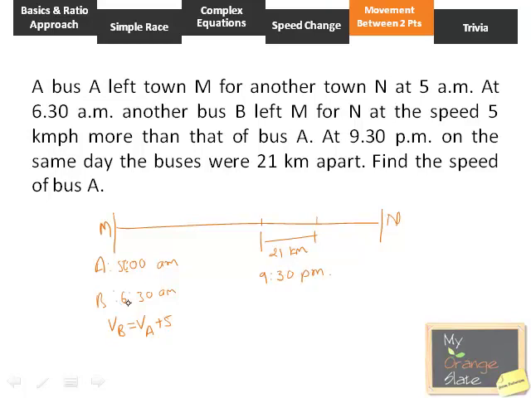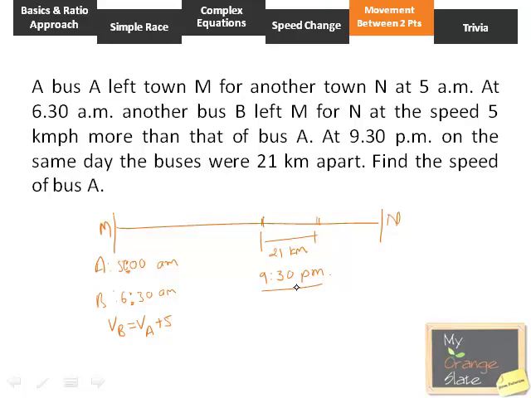Once again, friends, if you see, the time is not the same because A starts at 5 whereas B starts at 6:30 and they move till 9:30 pm. Also the distance isn't the same because both start from M but they are 21 kilometers apart when they are observed at 9:30 pm.